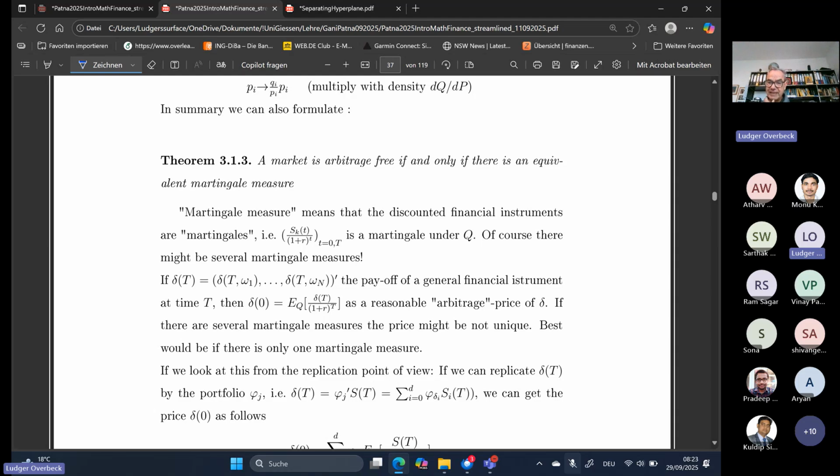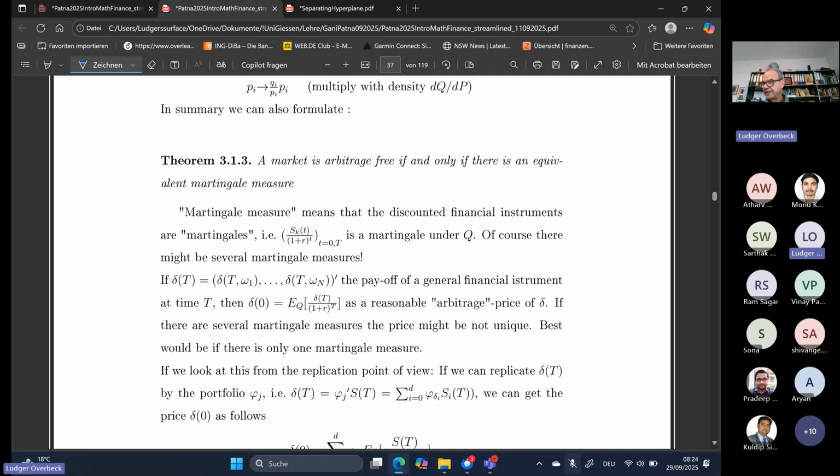But mathematically, in the one period finite state model, that's, as I said, a simple consequence of the separating hyperplane theorem. But we reformulated it with the objective that this theorem 3.1.3 can be extended to the standard setting of stochastic processes, where you have a random time evolution of the underlying assets and so on.